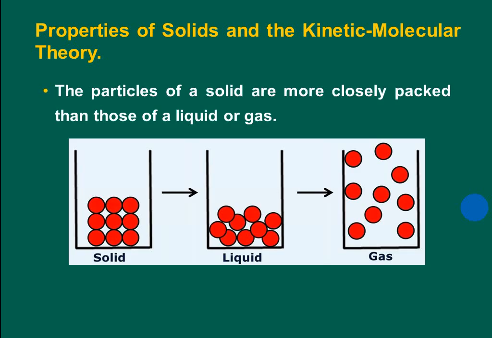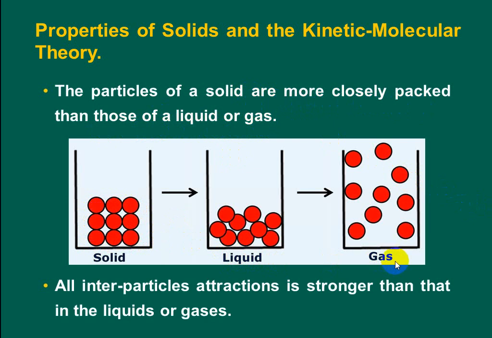Let's dive in. The properties of solids. The first property of solids is that the particles of a solid are more closely packed than those of liquids or gases. As you can see, the particles of solids are nearer to each other than those of liquids or gases.